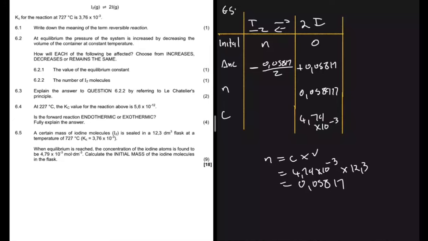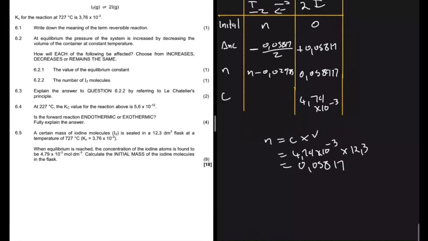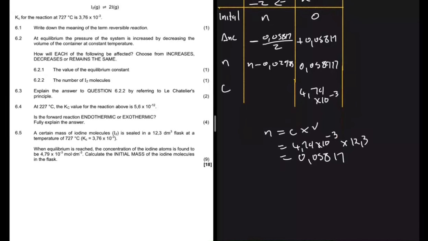So if you do that, we're going to have n minus 0.02946, right? And then the volume is 12.3. So here we're going to have n minus 0.02946 divided by 12.3.